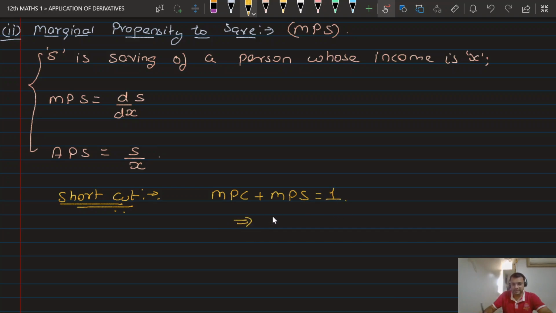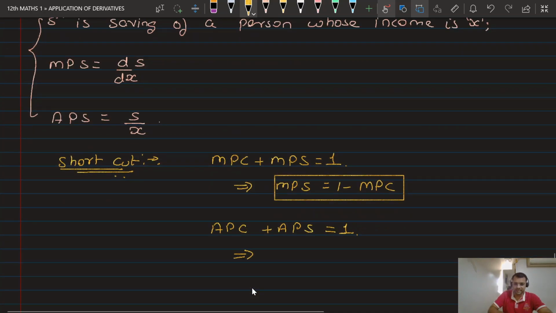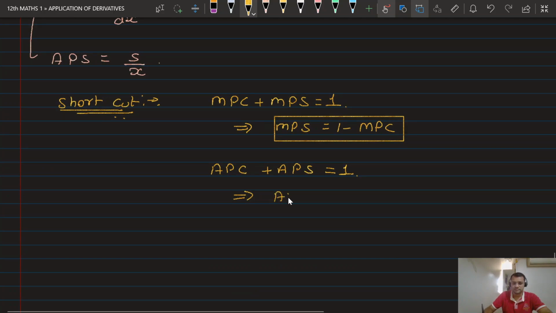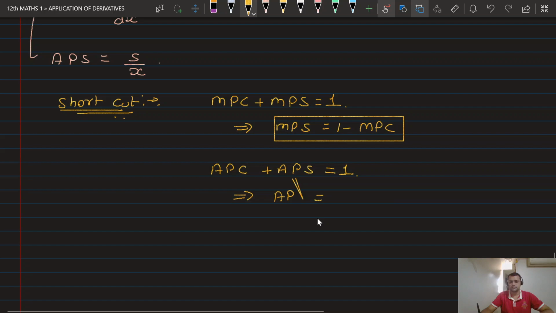So from here I can say that MPS is equal to 1 minus MPC, and APC plus APS is also equal to 1. So this implies that APS is equal to one minus APC.